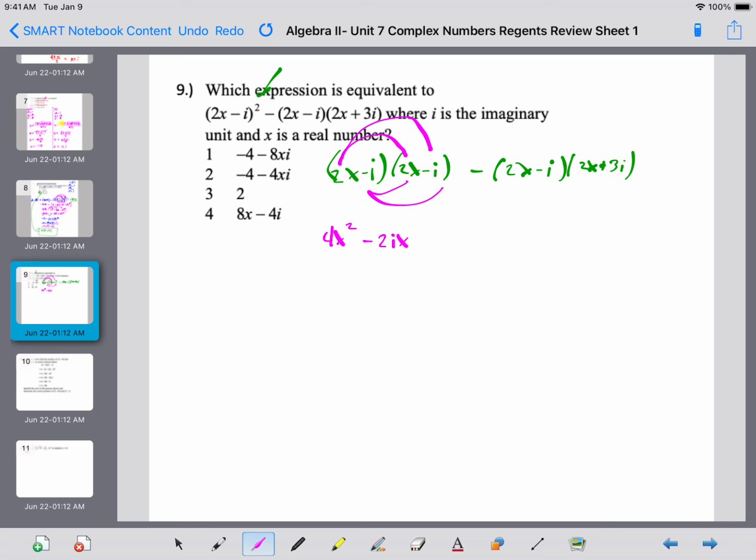Negative i times 2x, negative 2ix. Negative i times negative i, positive i squared. Minus, we'll do the same thing here. 2x times 2x, 2x times 3i, negative i times 2x, negative i times 3i.